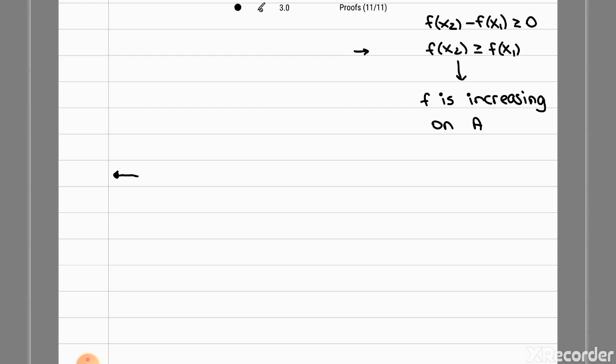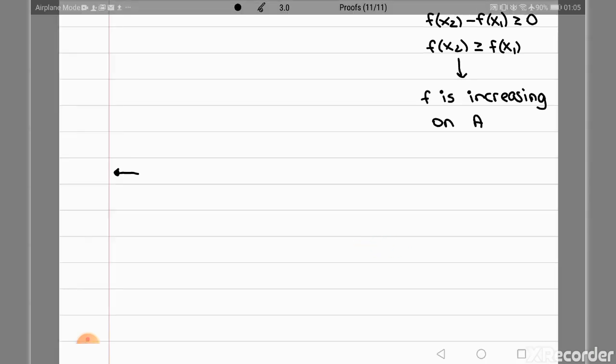We could use the same notation x2 and x1, but since we want to then combine this with the definition of the derivative, which is the one with the limit as h goes to 0 of the difference quotient, we ideally want to use the same kind of notation that we use there.